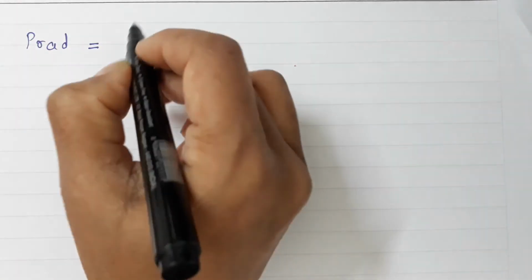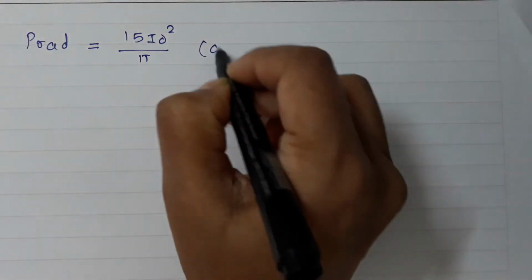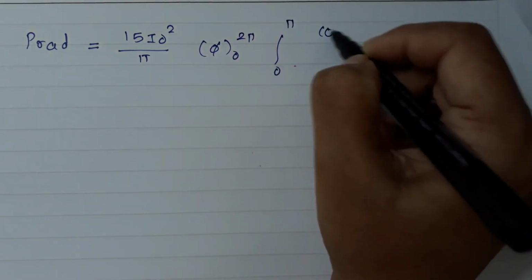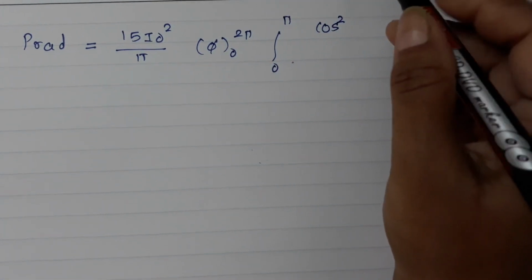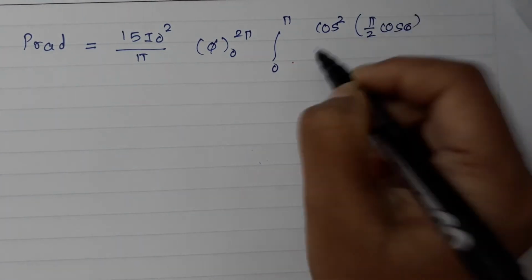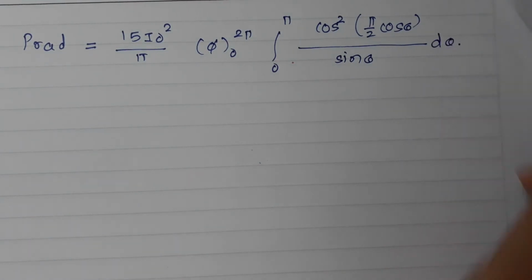So I can write here P radiated is equal to 15 I0 square pi, phi varies from 0 to 2 pi, 0 to pi cos square (pi/2 cos theta) sine of theta d theta. So this is the equation which I have got.